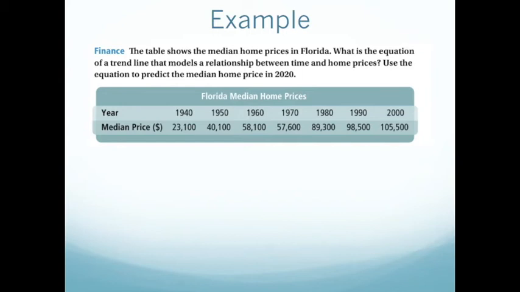home price in 2020. Okay, so we can call year our X, we can call mean price our Y, we can type in all of these numbers into our calculator as our X values. Or, because we're dealing with our calculator, we can decide that X is going to be the number of years since 1940.